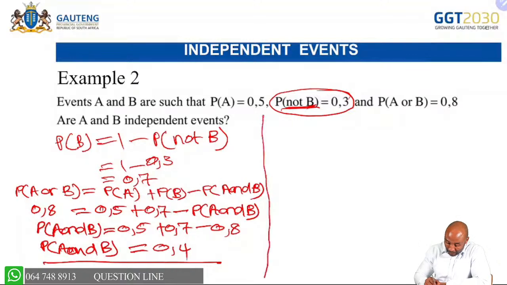Now, what is the condition for the events to be independent?